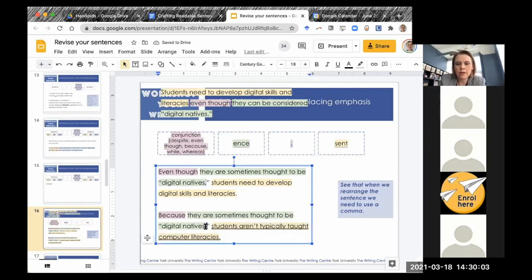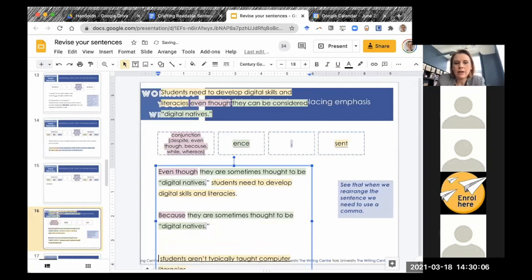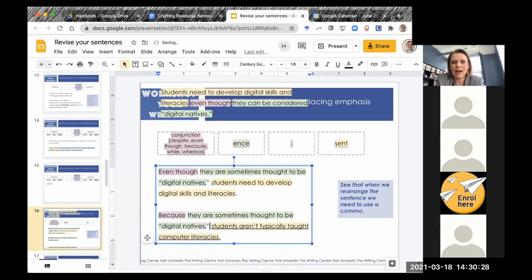So if you were to put a period here and not have that, because they are sometimes thought to be digital natives, you just don't have a full sentence. Because you're starting your sentence with a subordinating conjunction, so a conjunction that's supposed to connect two things. And so you need to have the other thing that it's connecting to, right? So you can definitely, it's formal writing to start a sentence with because, you just need to do it grammatically.